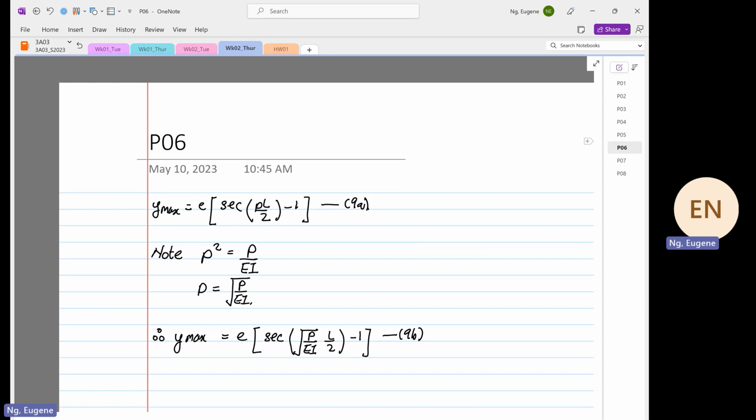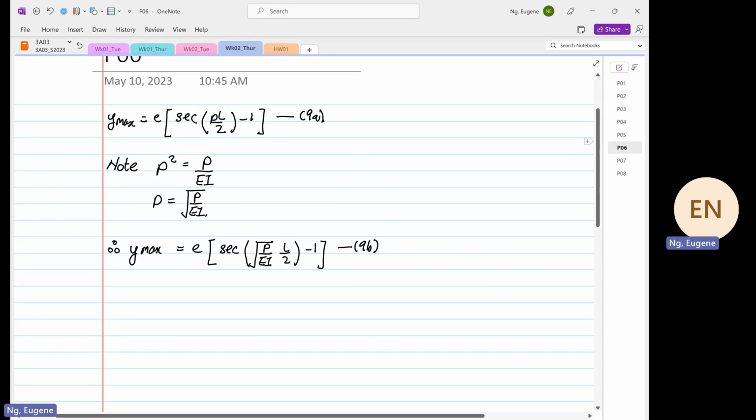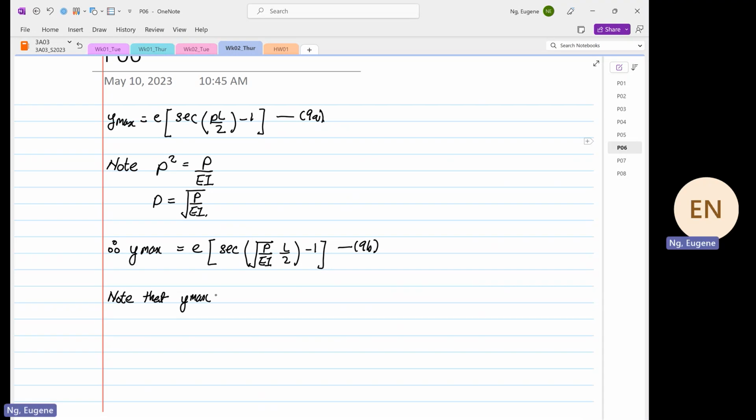Okay, so the next thing that we have to take note of is that Y max will tend to infinity when we have the expression square root of P over EI times L over 2 equal to pi over 2.